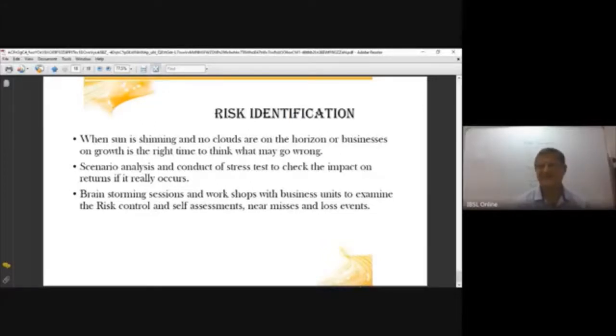Otherwise, we are going to have a lot of NPAs in our loan book. So these sorts of things are called risk identification.